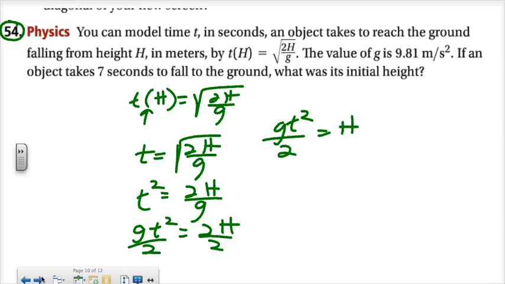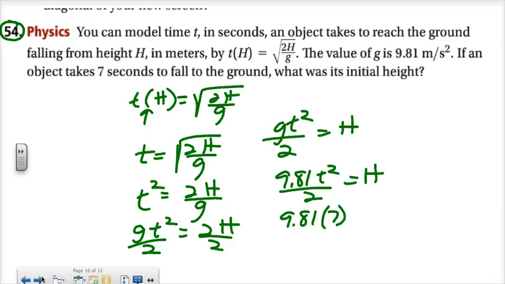They told us that the value of g was 9.81 meters per second squared, and that it took 7 seconds to fall to the ground. So we're going to have 9.81 times 49, and then we're going to divide that by 2. 240.345. What was the initial height?